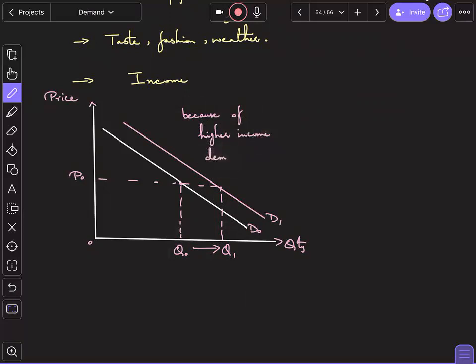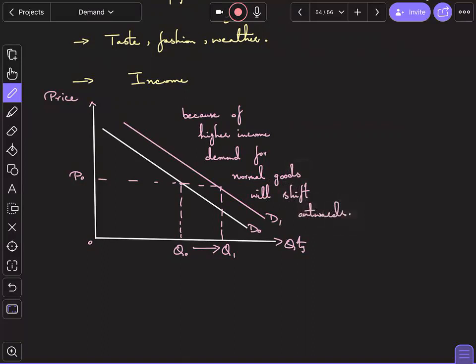Demand for normal goods will shift outwards.